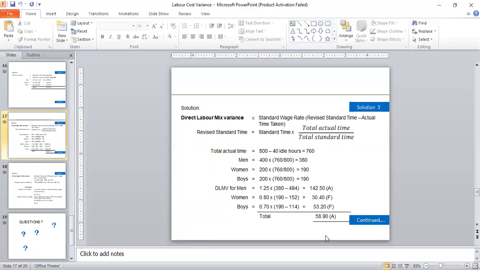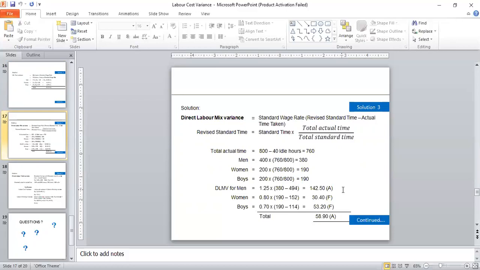Putting all these into the formula, for men we have 1.25 multiplied by revised time 380 minus actual time 494, equal to 142.50 adverse. In case of women, it is 0.80 rupees multiplied by revised time 190 hours minus actual time 152, that is 160 hours minus 8 hours idle time.